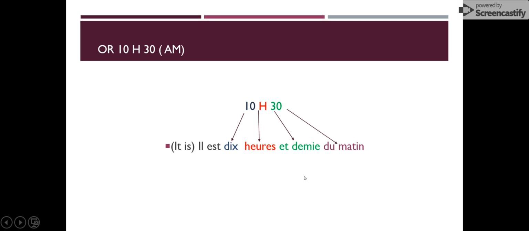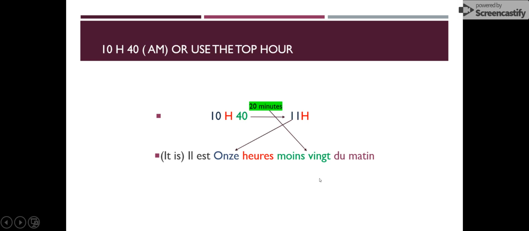Now, let's say we're trying to say il est 10:40 a.m. It's going to be the way you know. Il est 10h40, because 40 is quarante in French. But you can also use the top hour. Right now it's 10:40 a.m., but what will happen in 20 minutes? In 20 minutes, it will be 11. It's just like in English when you say 20 till 11.